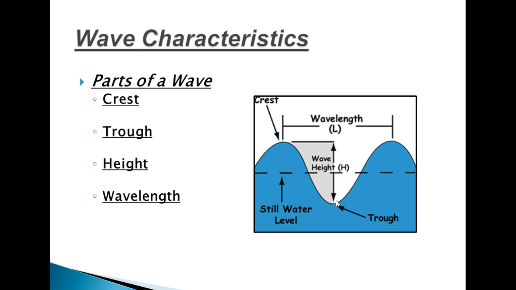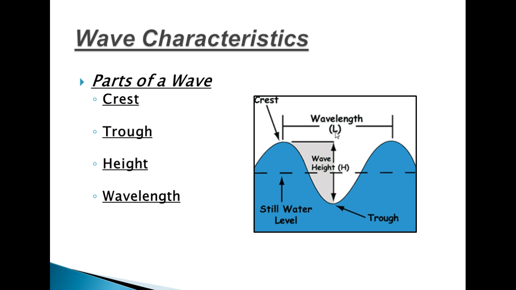Now, write that the height of the wave is the distance from the crest to trough of a wave, so the height of a wave is from here to here. Here's that whole distance. That is the wave height.